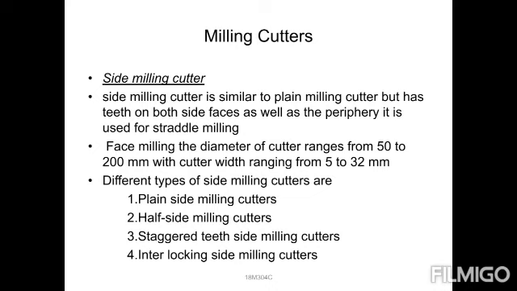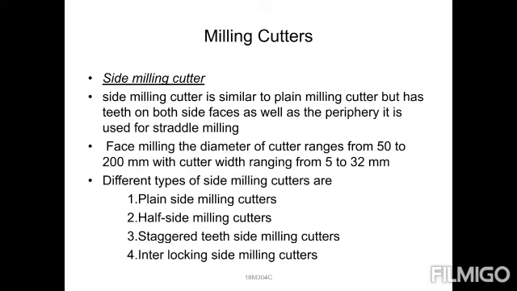The diameter of the cutter ranges from 50 to 200 mm with a cutter width ranging from 5 to 32 mm. Different types of side milling cutters are there, right? Plain side milling cutters, half side milling cutters, staggered teeth milling cutters, and interlocking milling cutters. These are the side milling cutters.